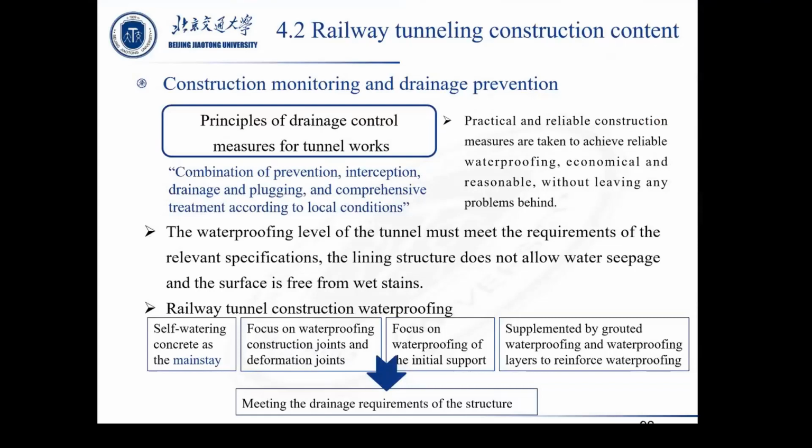The drainage and waterproofing management measures for tunnels should be based on the principle of prevention, interception, drainage, and blocking, with local conditions and comprehensive management, with reliable construction measures to achieve reliable, waterproof, and economic results without leaving future problems. Tunnel waterproof level must meet the relevant specification.